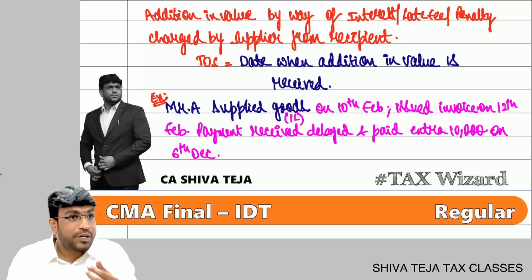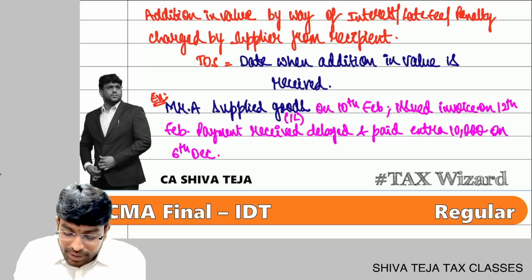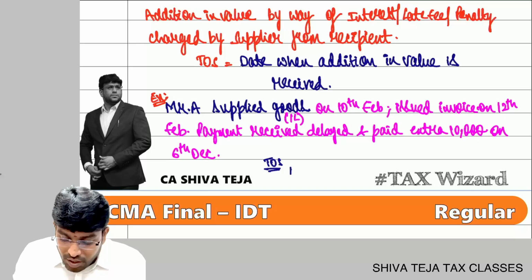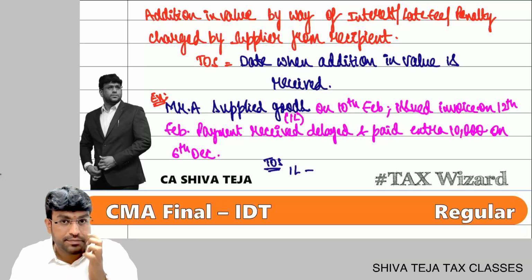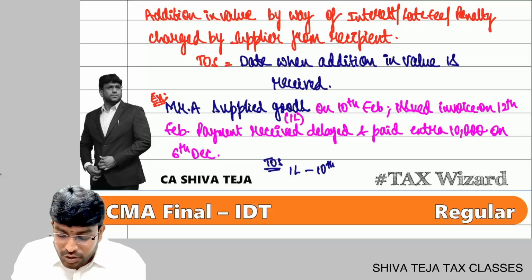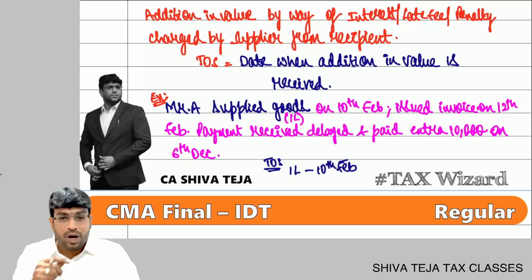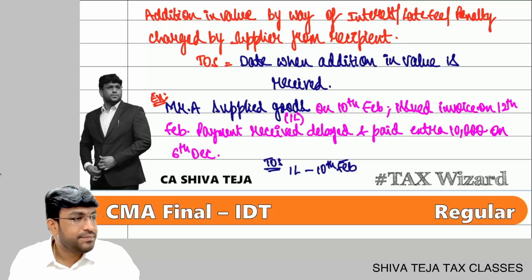Yes, sir. Obviously, supplier will not keep quiet. Supplier is telling, please pay interest or late fee or penalty. Now tell me, friends, how to determine time of supply? For 1 lakh, what is the answer? For 1 lakh, the answer is 10th of February, which is nothing but date of invoice, actual date of invoice, or last date when invoice is ought to have been issued, whichever is earlier.